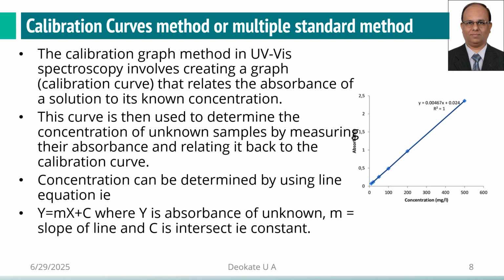It means we are plotting the concentration of the known standard on the x-axis and the absorbance of the particular solution on the y-axis. The concentration can be determined by using the line equation, that is y equals mx plus c, where y is the absorbance of unknown solution, m is the slope of this line, and c is the intercept.